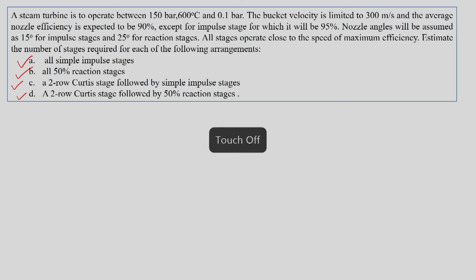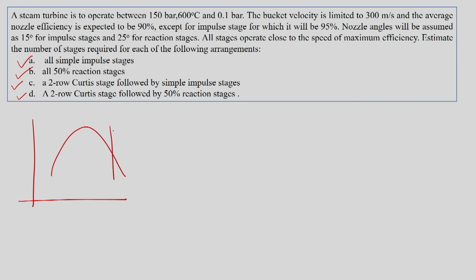In this example, if we try to plot the TS diagram, then we are told that this state is 150 bar and 600 degree Celsius, and this state is given to us as 0.1 bar.